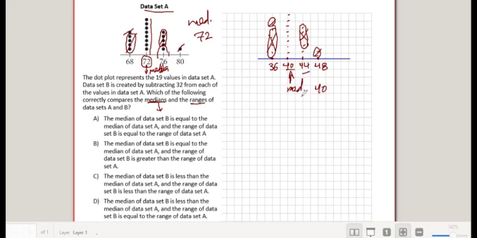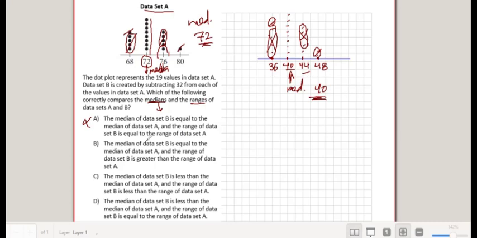As you can see here, dataset B has a median which is less than that of dataset A. So here we can look at the options to talk about the medians. In option A, the median of dataset B is equal to the median of dataset A, which is incorrect because the medians are not equal. This is 72 while this one is 40.